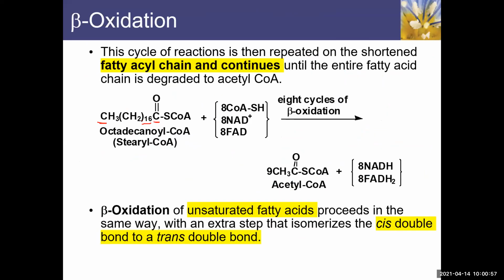I mean 16 over here, right? How many acetyl CoAs? 8 acetyl CoAs, right? Sorry, 18 carbons over here, so we will have 9 acetyl CoAs and the cycles will be 8, right?